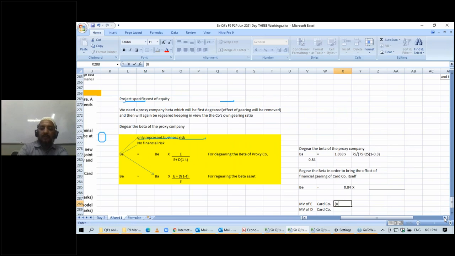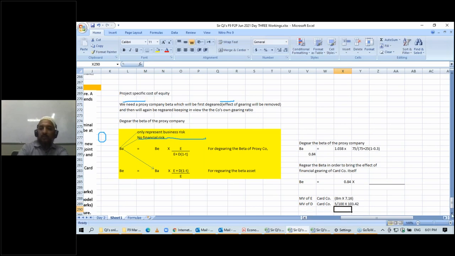So the market value of debt will be 5 million divided by 100, which is the face value, multiplied by the market price 103.42. This gives you the market value of debt. So 57.28 and 5.17. This gives you the total value.